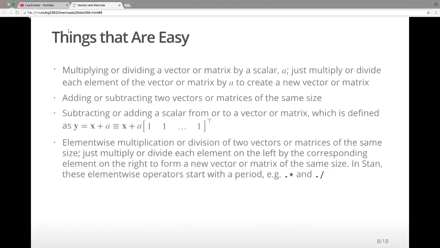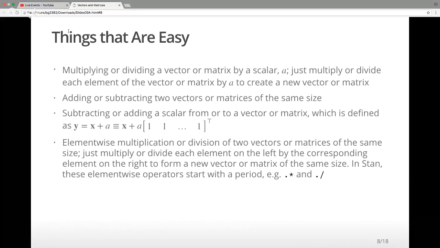All right. So, things that are relatively easy that we'll try to get through quickly. Multiplying or dividing a vector or a matrix by a scalar a is pretty easy. You just multiply or divide each element of that vector or matrix by a to create a new vector or matrix of the same size.